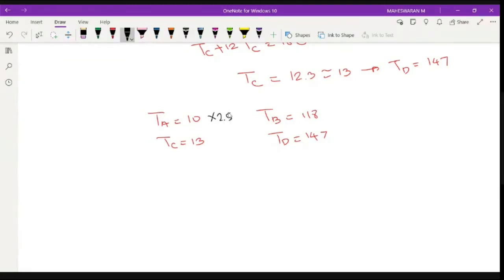It is up to me. It doesn't matter. So I want to go for 2.4, and I have to multiply the other terms also. So now I will get the final results.